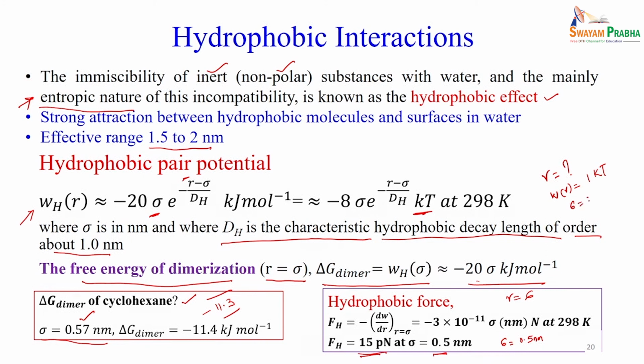Take sigma equal to 0.5 nanometer, and d_H is already 1, so we should be able to calculate at what value of r the potential will be less than or equal to 1 kT. If you calculate, it comes out to be in the range of 1.5 to 2 nanometer. That is why we discussed that the effective range of hydrophobic interaction is between 1.5 and 2 nanometer.